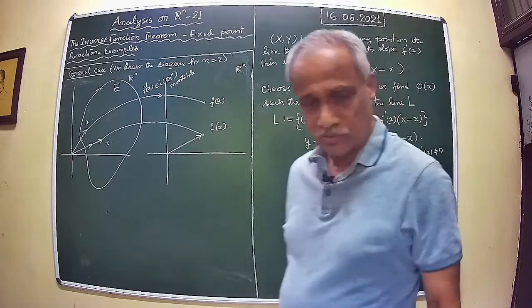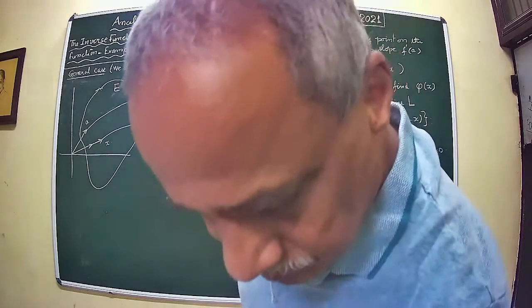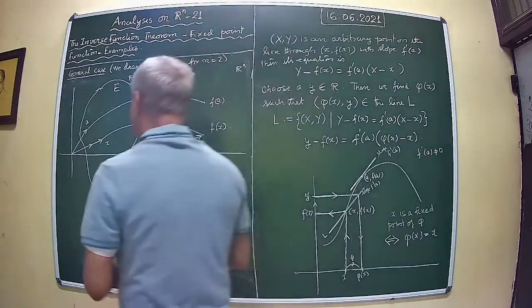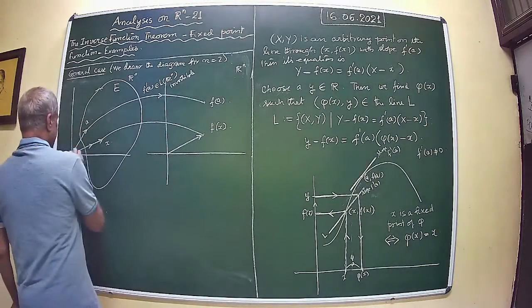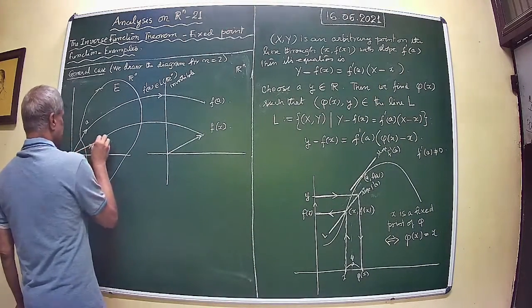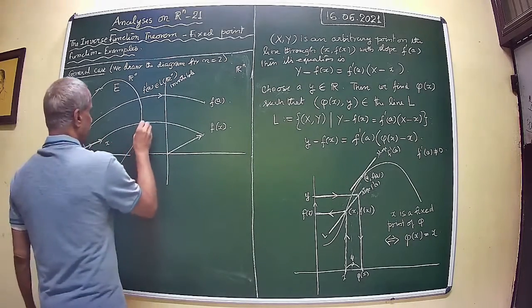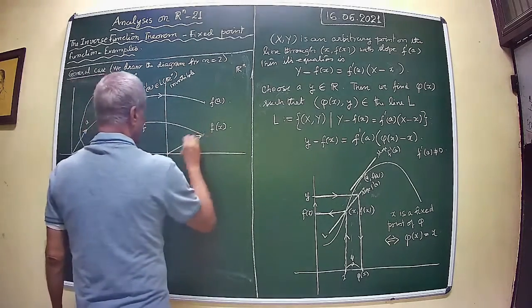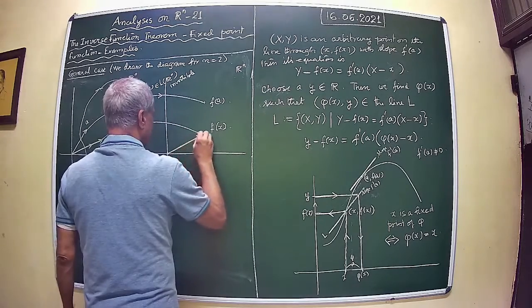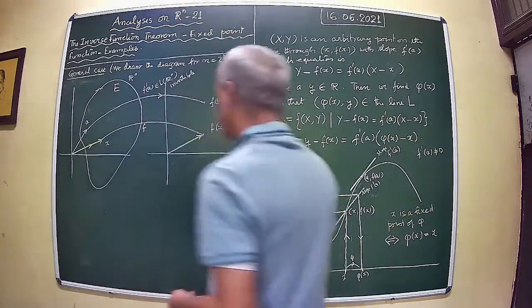So you have the two vectors: the vector x, which is mapped by F to the vector Fx.